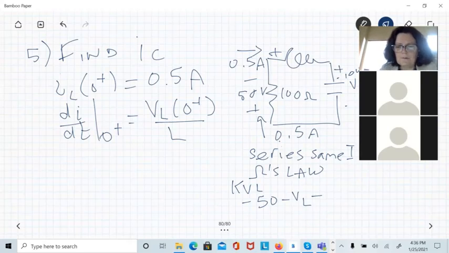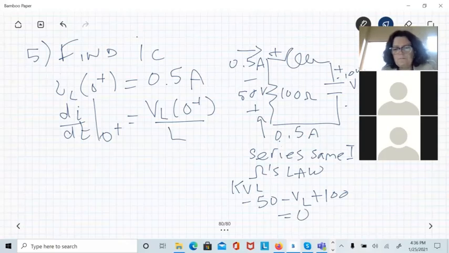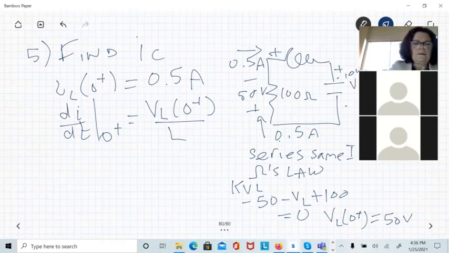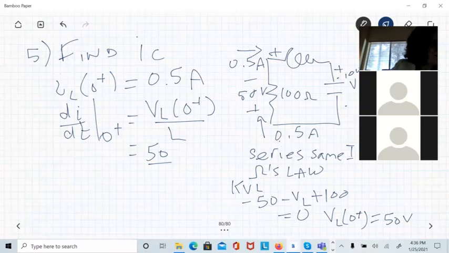Minus negative 100 is plus 100 equals 0. And that gives me my VL of 0 plus. And that is positive 50. So this is 50 over my inductance, which was 5, I believe is still true. Number 12. Yeah, we'll just go with 5.